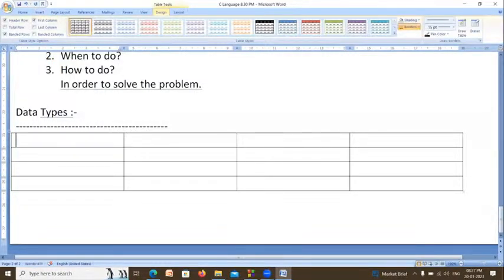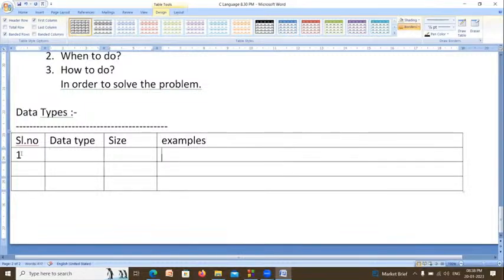Now I will explain the data types. What is the size of each data type? What are the examples? Totally how many data types are there? C language supports 4 data types.